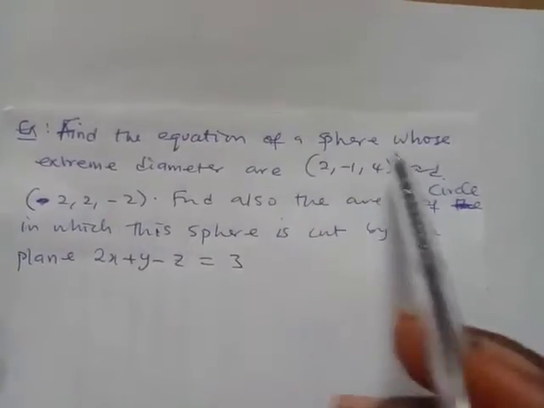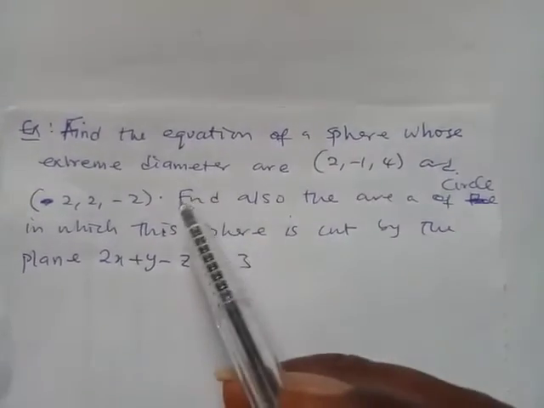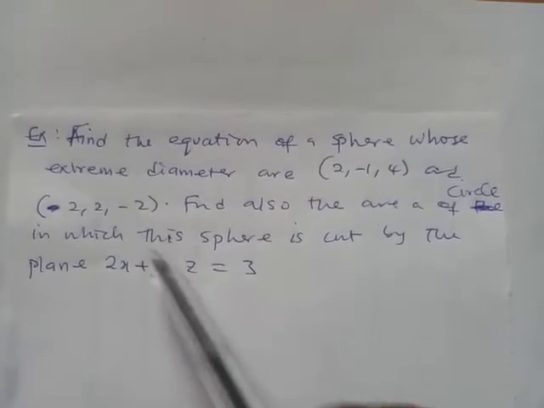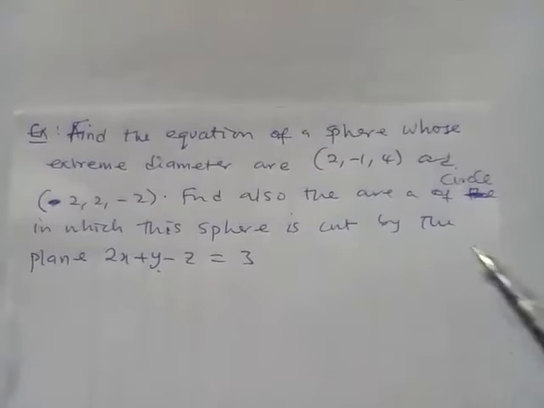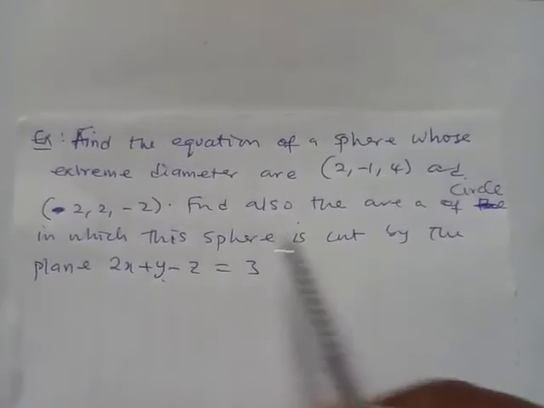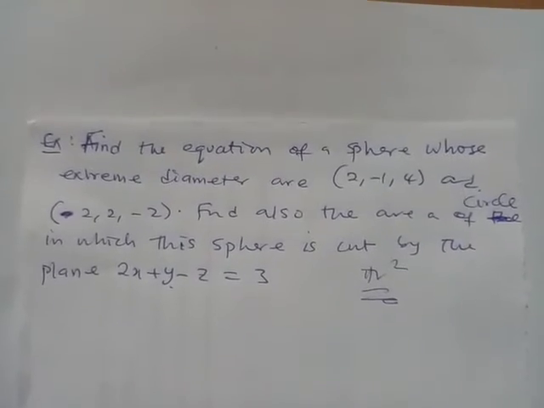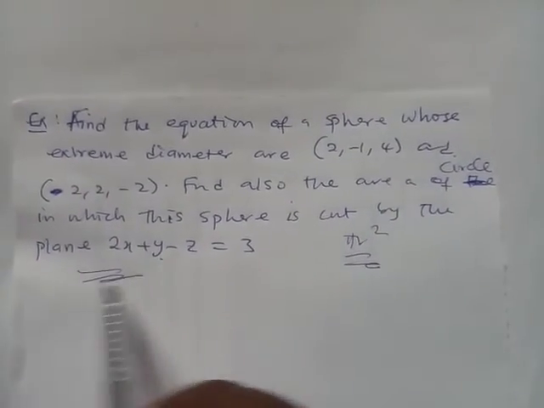We first use the formula for finding the equation of a sphere in which the diameter ends are given. Then we need to find the radius of the circle before we can find the area of the circle, which is pi r squared. So I will leave this as an exercise for you.